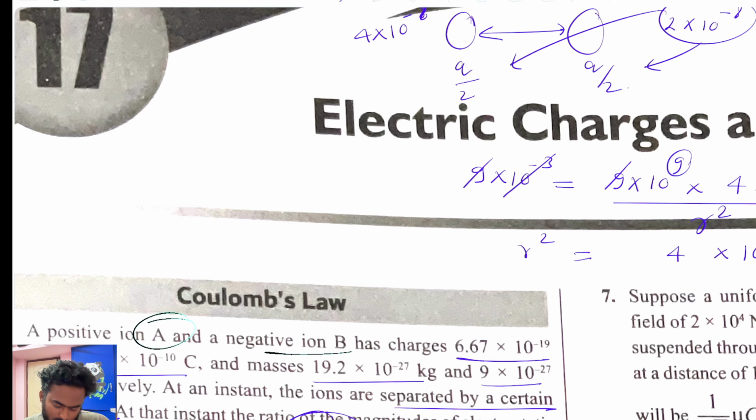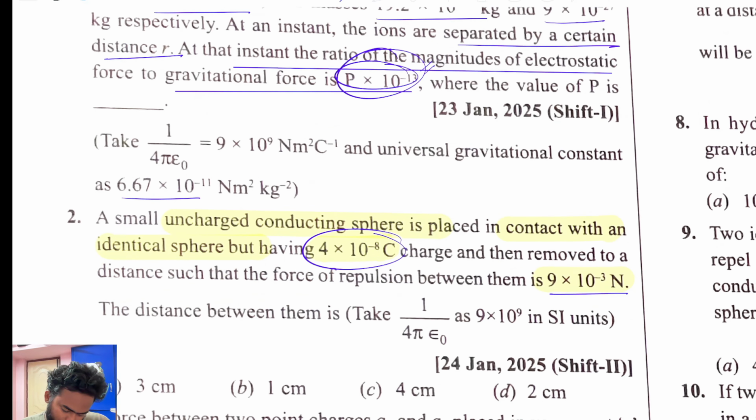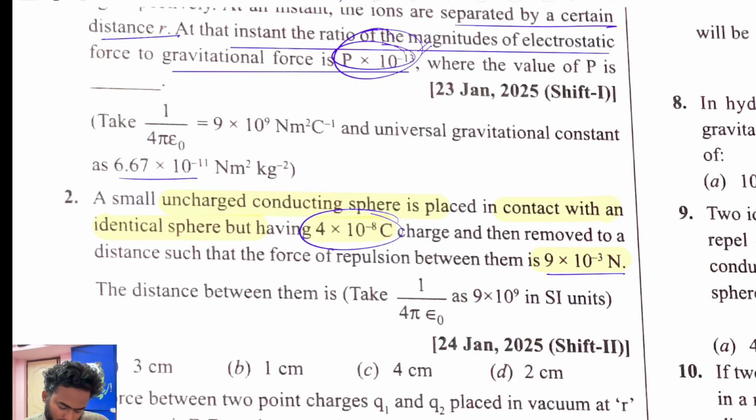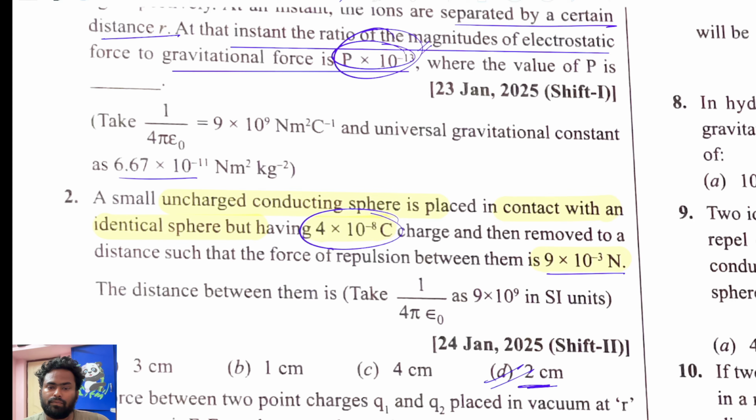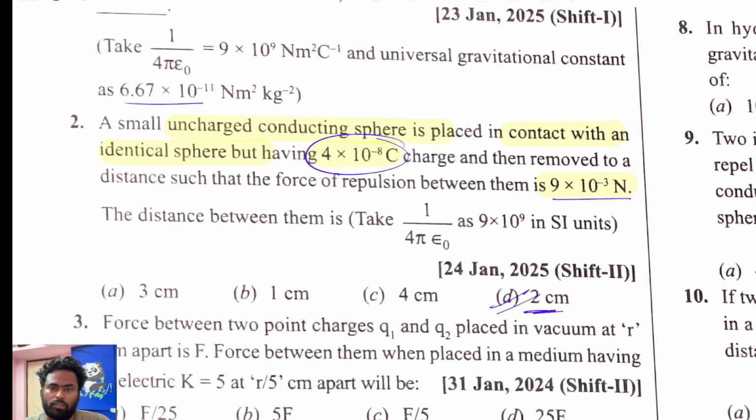This should be the distance between them. 2 into 10 to the power minus 2 means 2 centimeter. Got this problem? Okay, let's move forward to the next question.